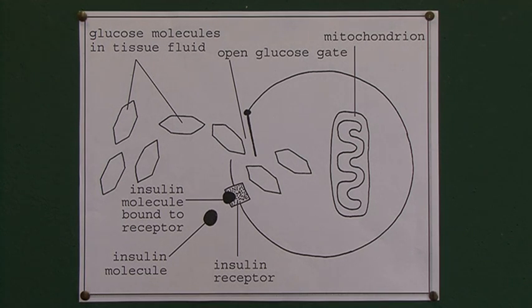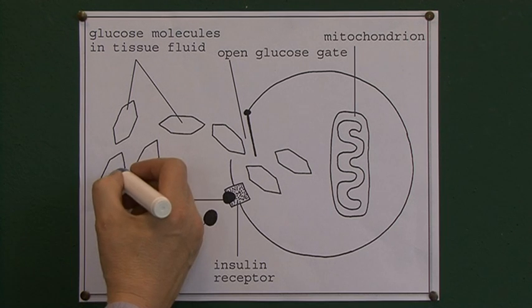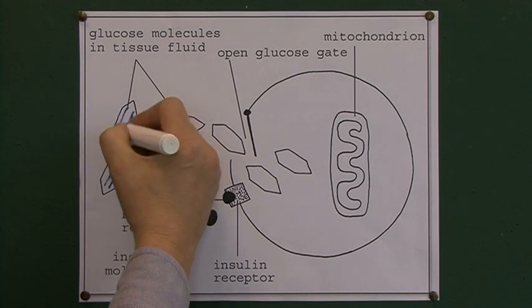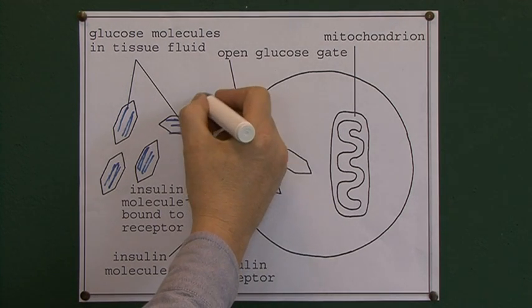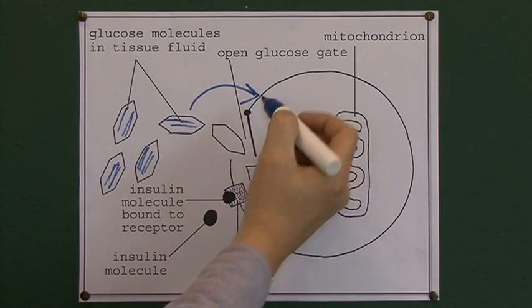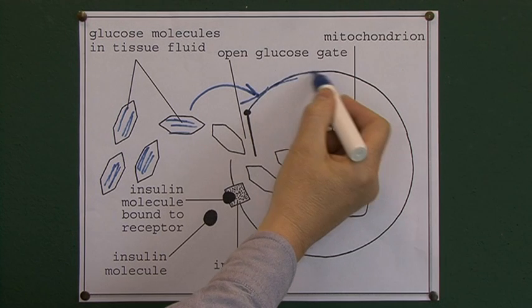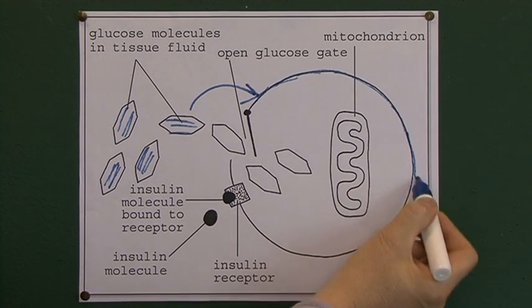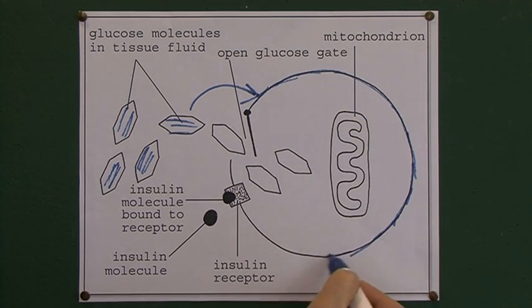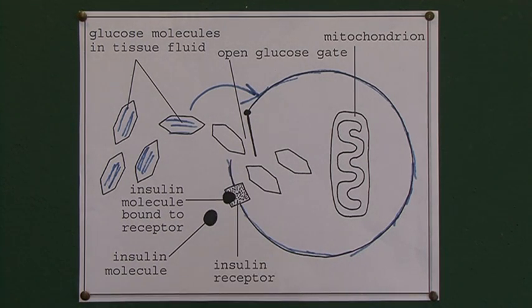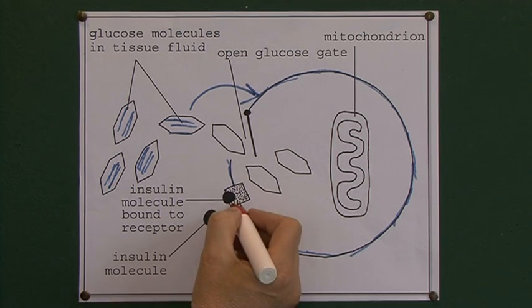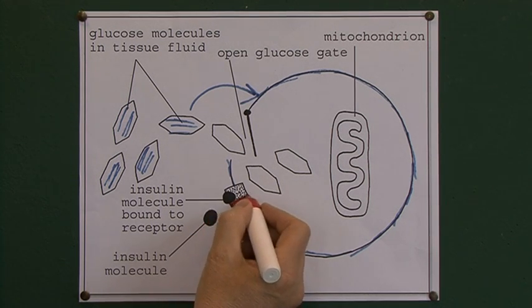Now this diagram illustrates the physiology of another action of insulin, because here we see the individual glucose molecules, and normally they can't get through the phospholipid bilayer of the cell membrane. This is normally impervious to glucose molecules. So what happens is the insulin molecule here binds to the insulin receptor.